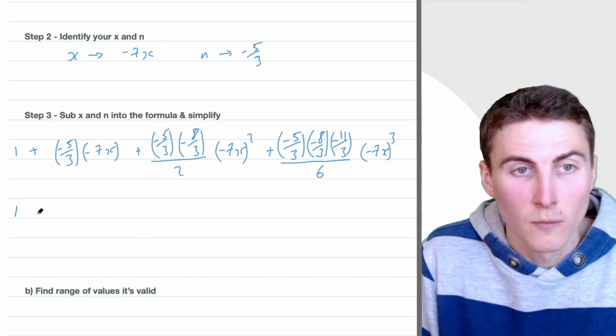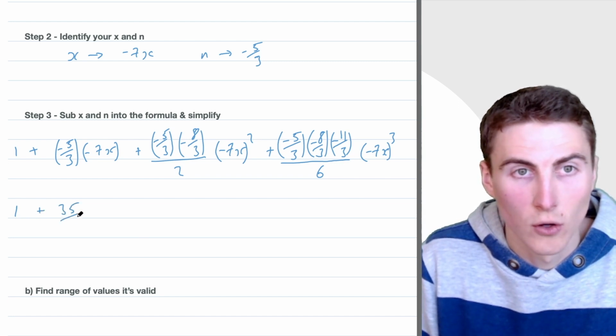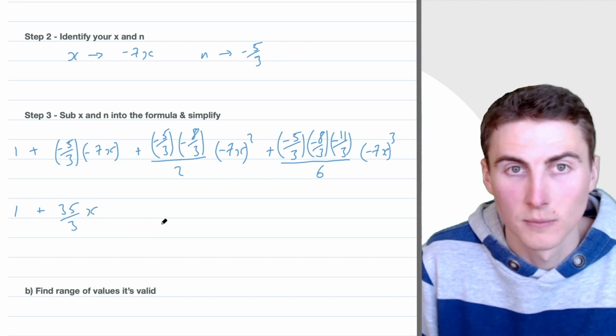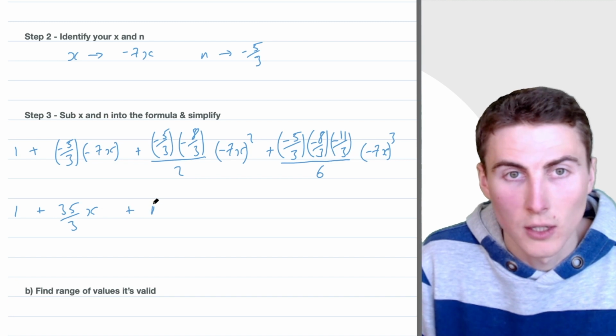So it's 1 plus 35 over 3 x, and then this is going to be plus as well 980 over 9 x squared.